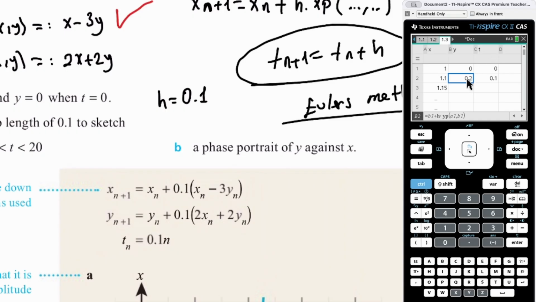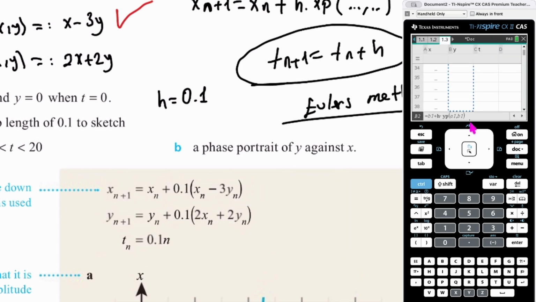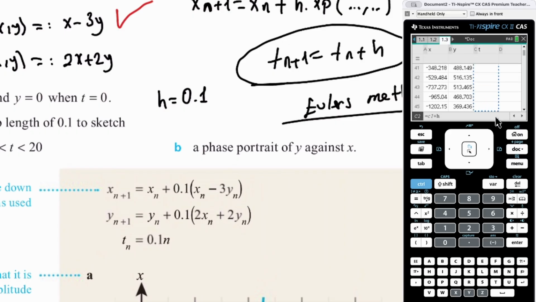So menu, data, fill, and go down until the same part. Okay, y values, x values. Also, let's fill this one, t, menu, data, fill, all up to same point, go up to same point. Oh, okay, I need to find the same point here. Enter.